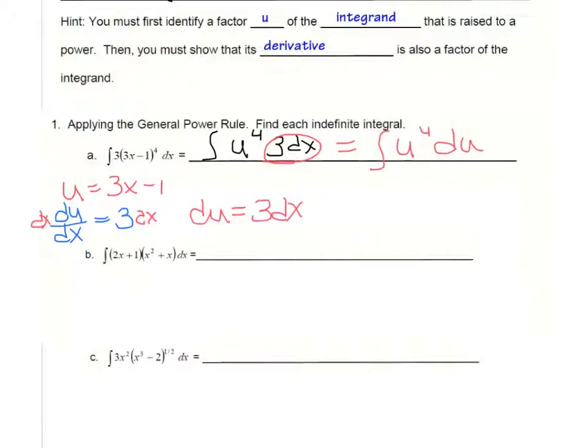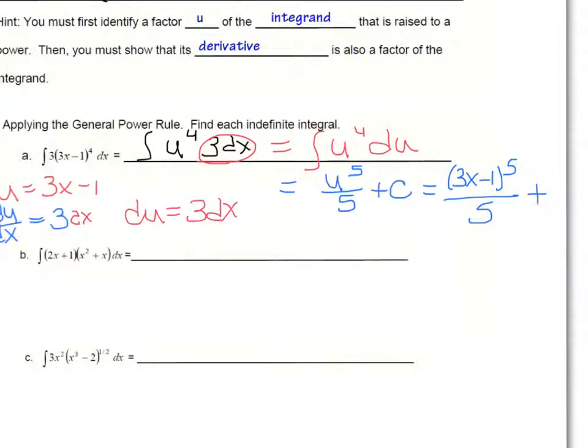I replaced the 3 dx with du. Because our integral is in all the same derivative of u, I can now take the antiderivative. But then as one last step, we have to substitute back in our original function. And don't forget the plus c.